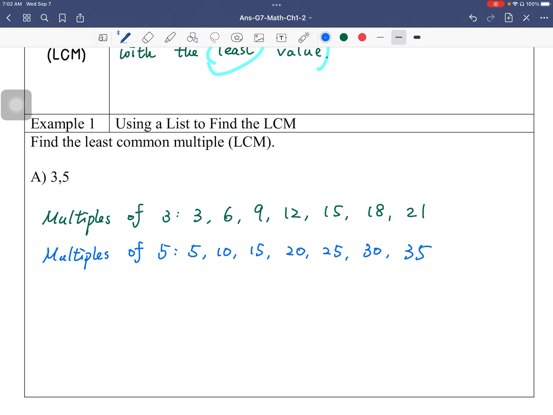The least common one is 15. So the least common multiple is 15.